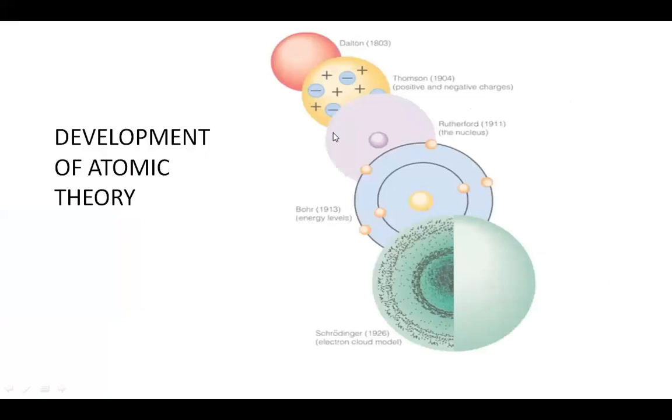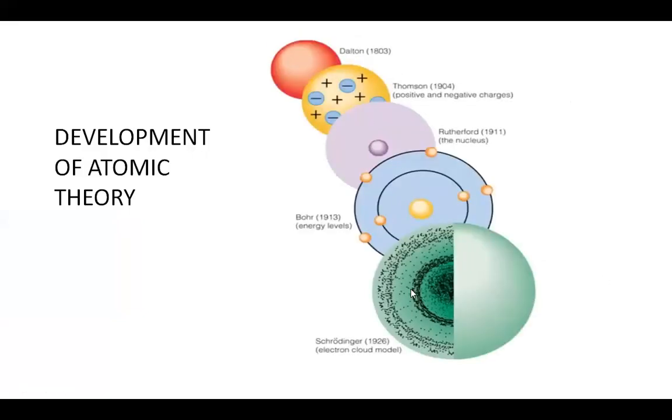So this image indicates how the inventions progressed over time. It started from 1803. Thomson introduced positive and negative charges in 1904. Then Rutherford introduced the nucleus, which I already discussed, in 1911. Niels Bohr introduced energy levels in the atom.